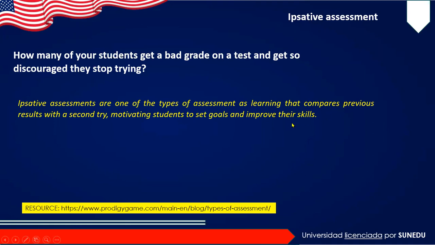Let's see, for example, okay, my first exam I got 74 points, but in my second exam I got 90. So you see the difference, right? So you improve, and that motivates our students. So that is actually the idea, right? To see how our students improve during the process.